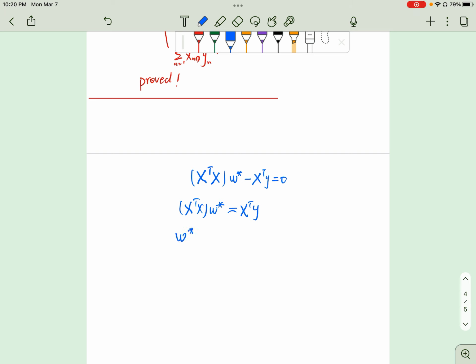We got omega star equals the inverse, right? Because we will multiply with the inverse on here and on here, and we got this. So this is the final closed form that we want to find for our linear regression problem.